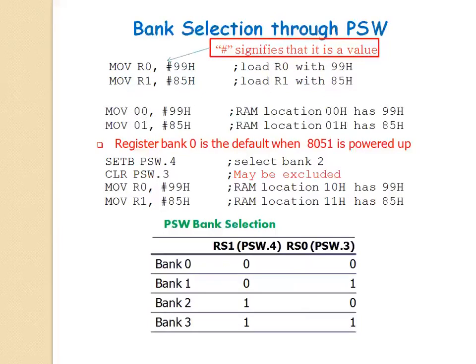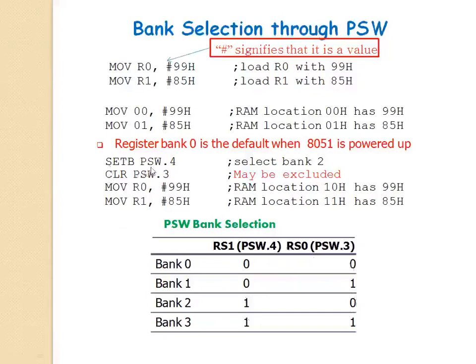Then, to choose the other banks, like bank 2, from where I have to choose registers R0 and R1, how do I write this? Then I shall write this instruction, SETB PSW.4, because it is RS1. So to select bank 2, I have to set RS1, meaning PSW.4, and reset RS0, meaning RS0 will be equal to 0.